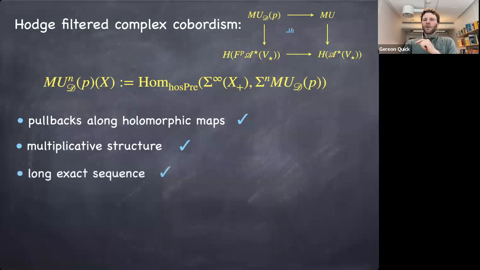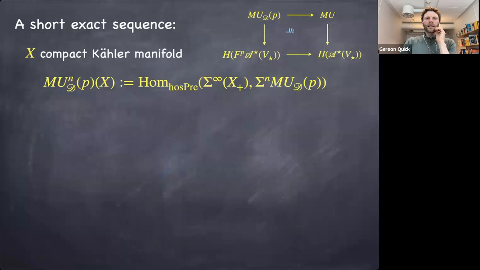And we get a long exact sequence induced just by the fact that our MUDP was defined as a homotopy pullback. And you remember that taking homotopy groups or cohomology or homology of a homotopy pullback leads to a long exact sequence.